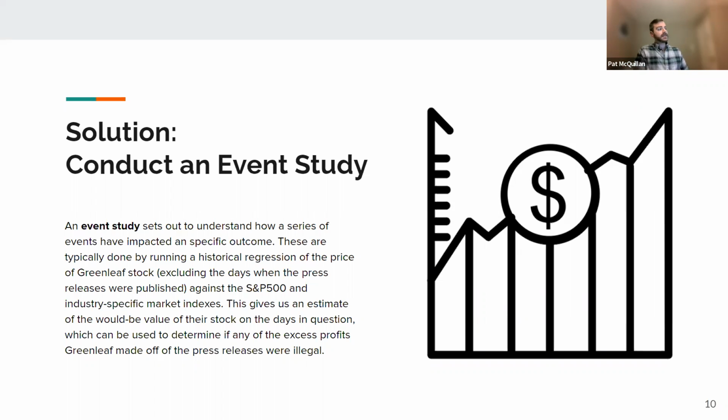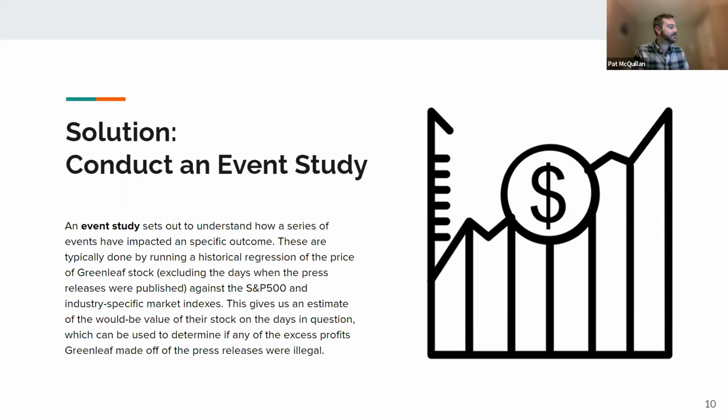So that's exactly it. We conduct what's called an event study. An event study is, this is going to be very tautological, but it studies events. It sets out to understand how a series of events have impacted a specific outcome. Pardon my typo on that slide, it drives me crazy.